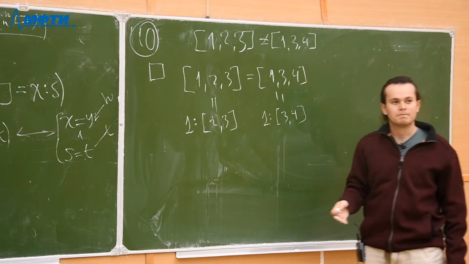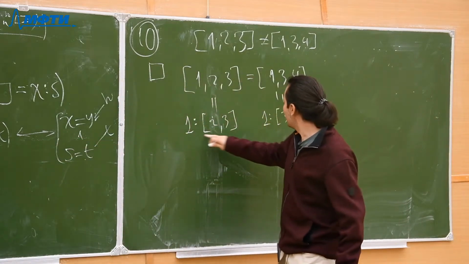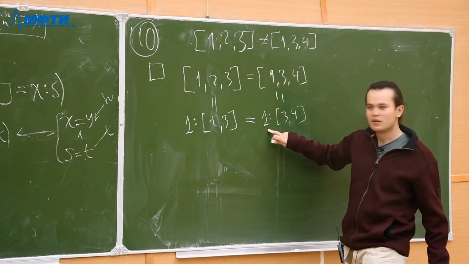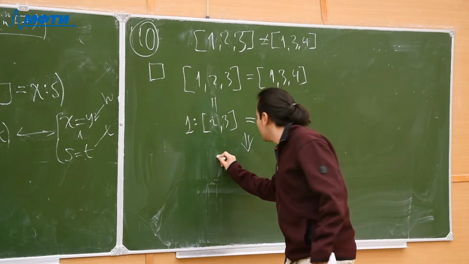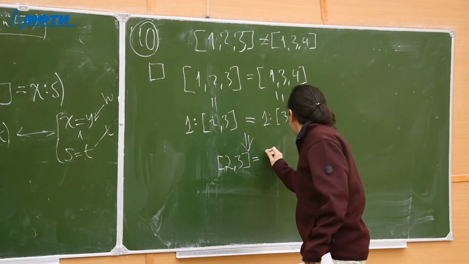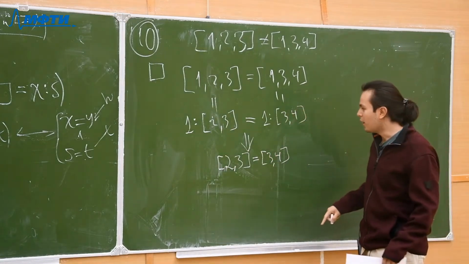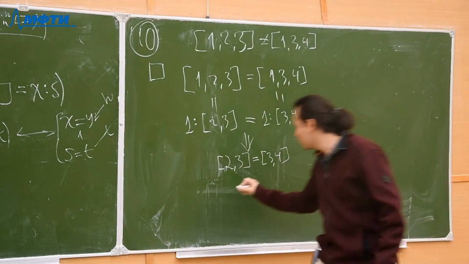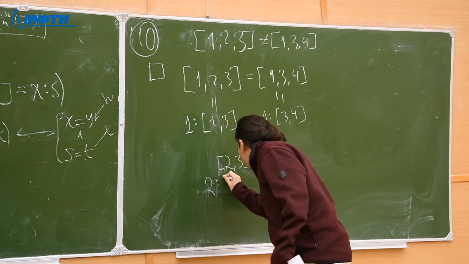There is the second axiom. Yes, we have this axiom, and then we say that these are equal if and only if this is equal to this and this is equal to this. Then 2, 3 should be equal to 3, 4. Now, what do we need to do here? The same thing, and we have to do this many times.